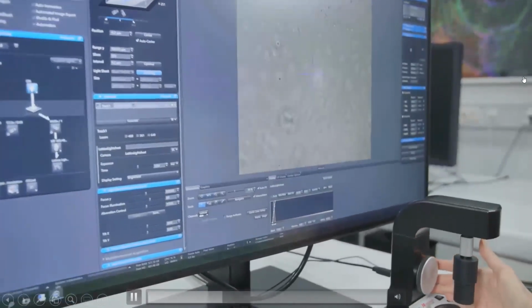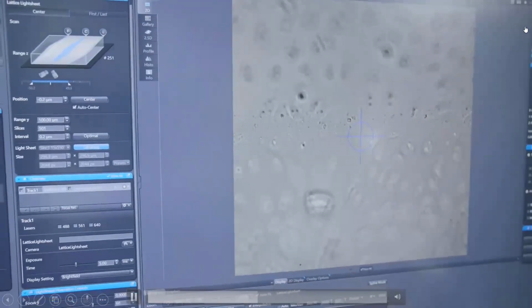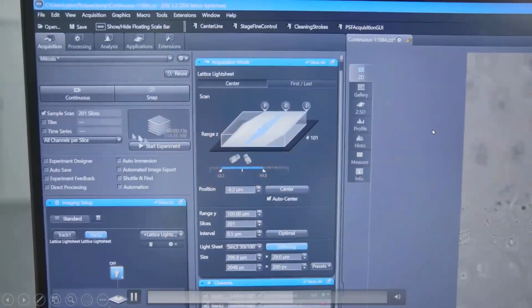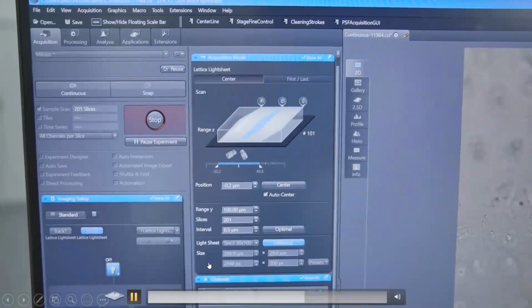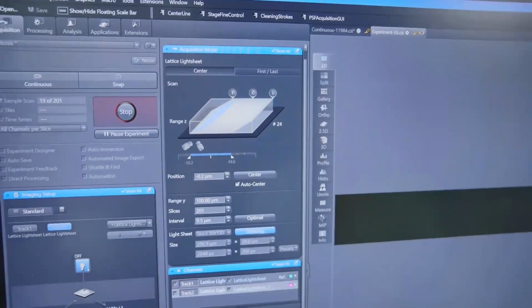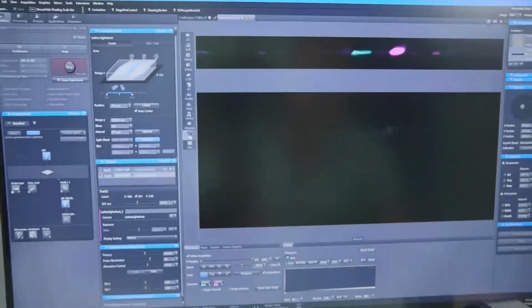That's why the Zeiss lattice light sheet 7 has really been designed and engineered to make sure that you can simply put your sample on the stage from the top. You can close your sample chamber like you saw just a few moments ago. And then with just a few mouse clicks in the software, you can get a transmitted light preview of your sample and then quickly transition into fluorescence imaging as quickly as you watched in this movie.